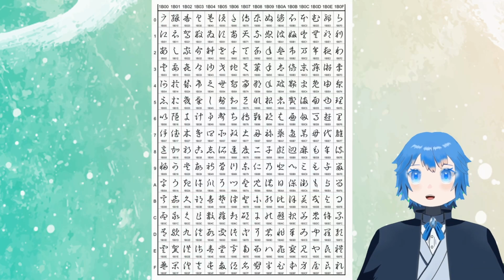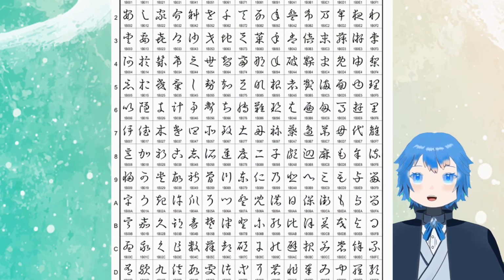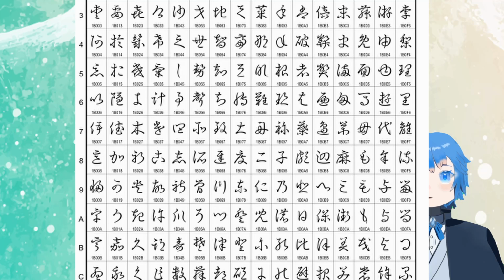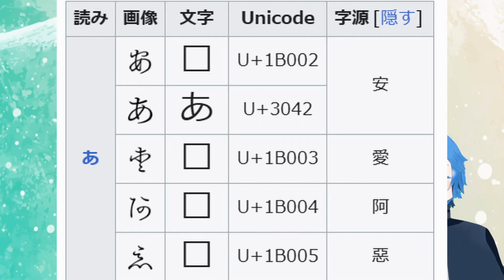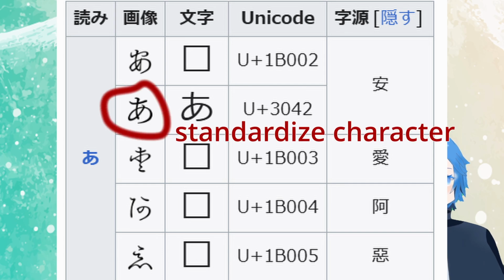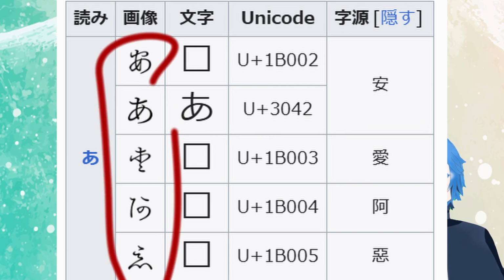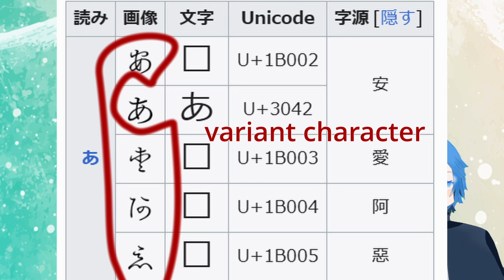Now there are a large number of characters that have the same meaning in each system. For example, A in hiragana can be written in 5 characters. Eventually, the Japanese government chose one of them, A, to be the standardized character. And then the rest were treated as variants.